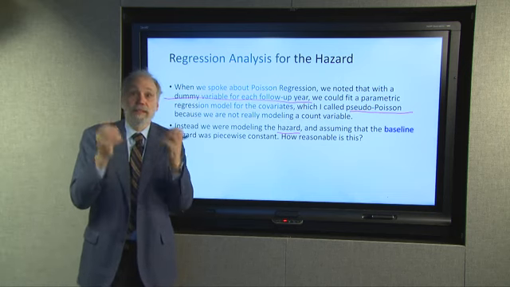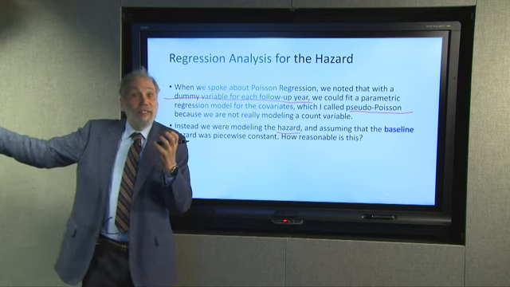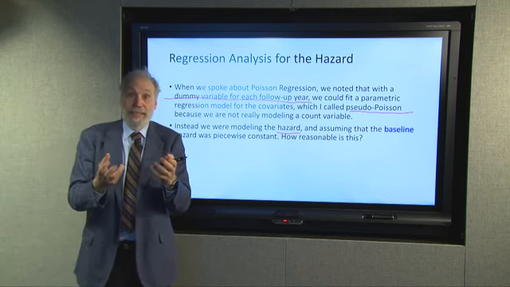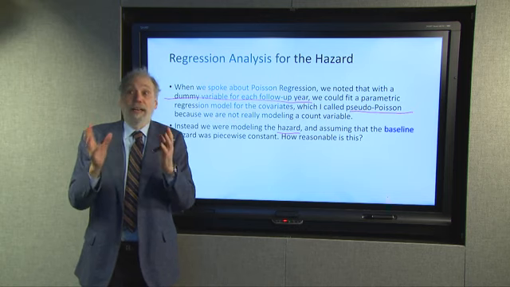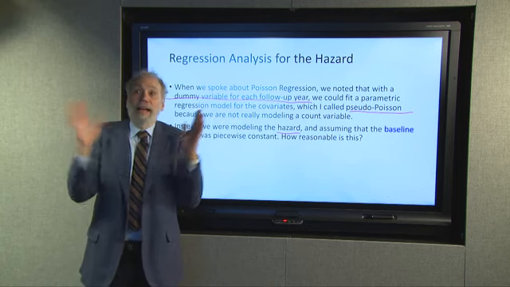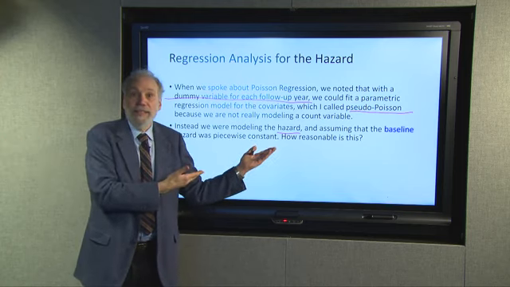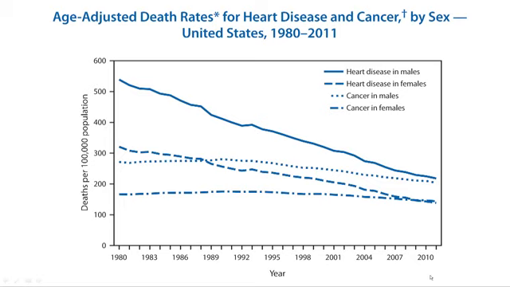Now remember, all these other risk factors are multiplying this baseline hazard, right? Because it's a proportionate hazard model, okay? But how do I determine whether this assumption here is reasonable?